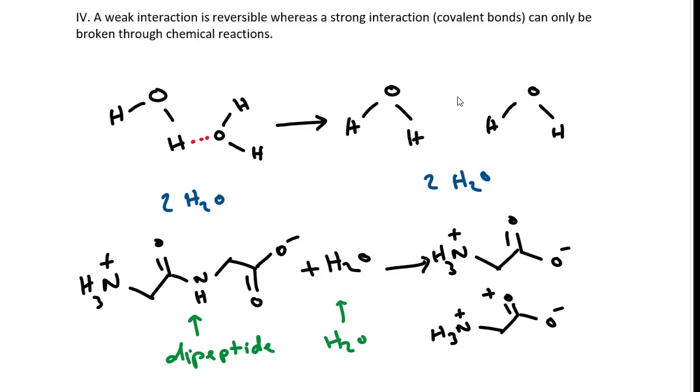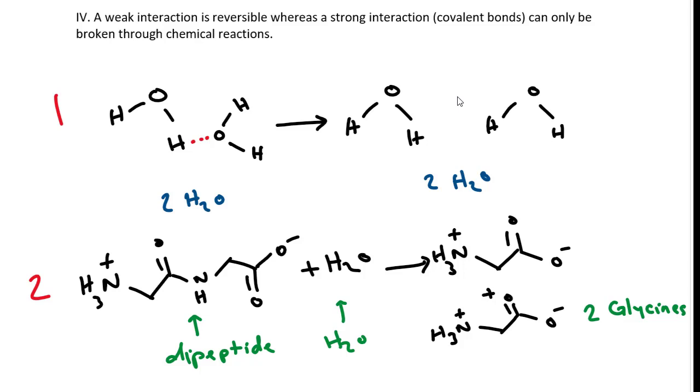And on this side, I have two glycine. So you can see the identity of the molecules on the left side is different from the identity of the molecules on the right side. So in scenario 1, the identity on both sides is the same, whereas in scenario 2, the identity on both sides is not the same because I've broken a strong interaction, a covalent bond.